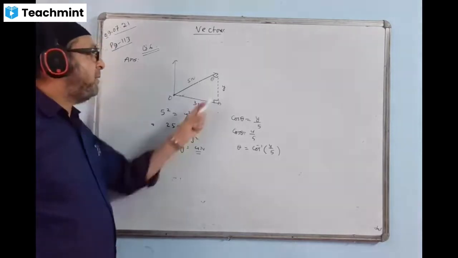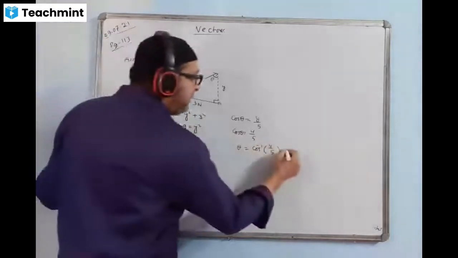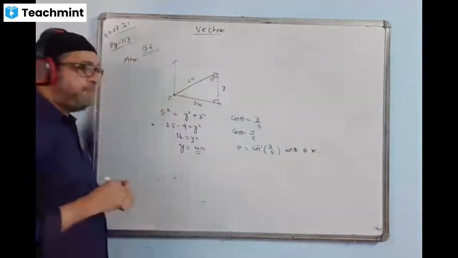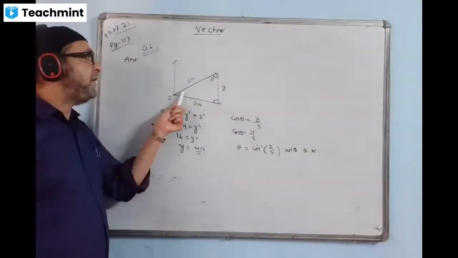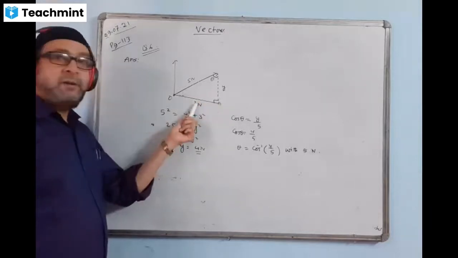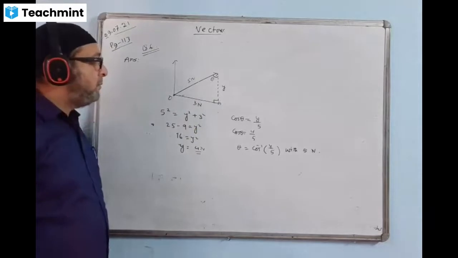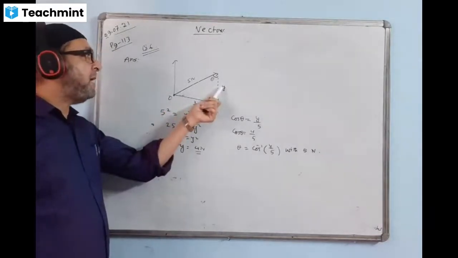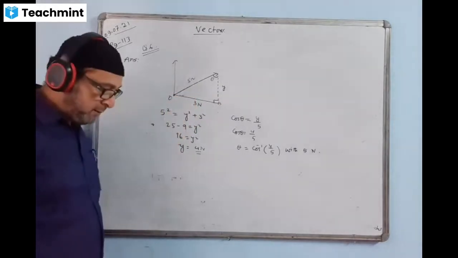Then you can say the component is inclined at this much angle with 5 Newton. If you find this angle using tan theta, then you have to write tan theta is equal to this by this, 4 by 3. But they are asking for the angle with the 5 Newton one only, so this is the answer.